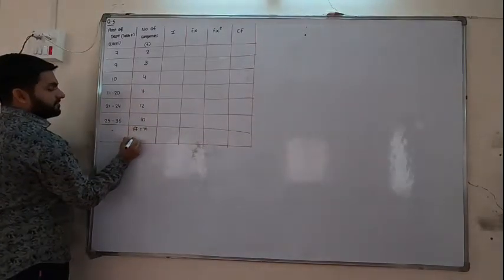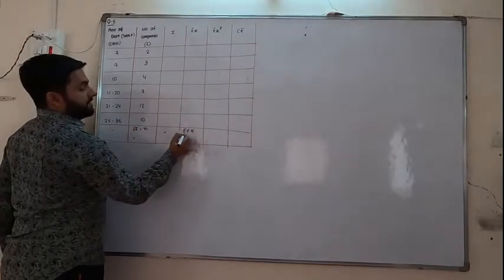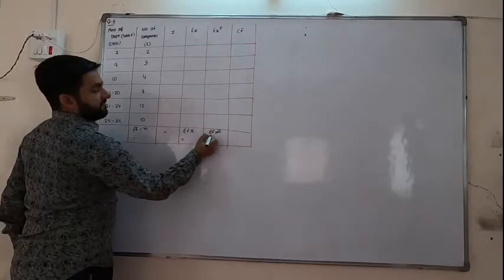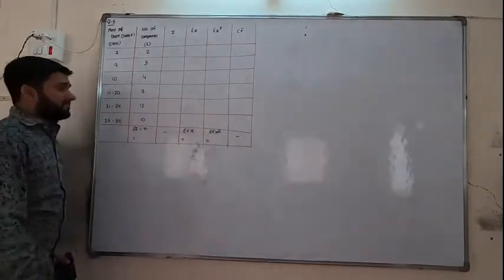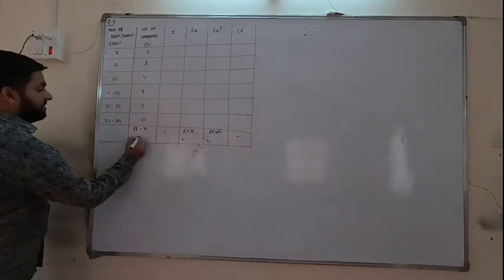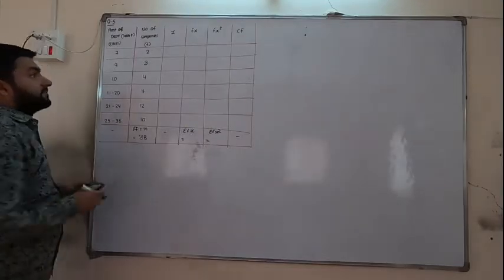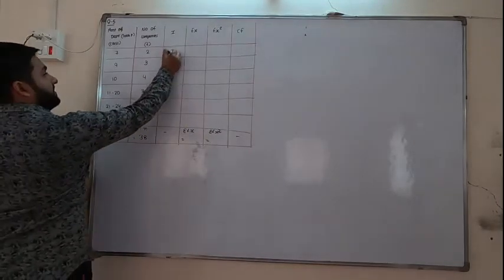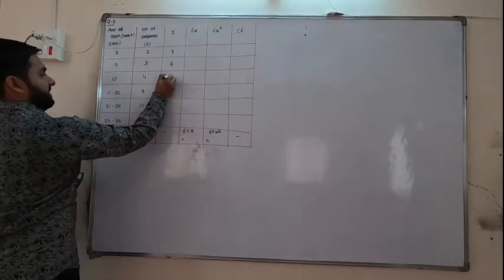Sigma f, sigma fx, sigma fx square, and CF total is not required. Sigma f is 2, 3, 4, 7, 12, 10, which is 38. Okay, here the mid values will be the same, 7, 9 and 10.